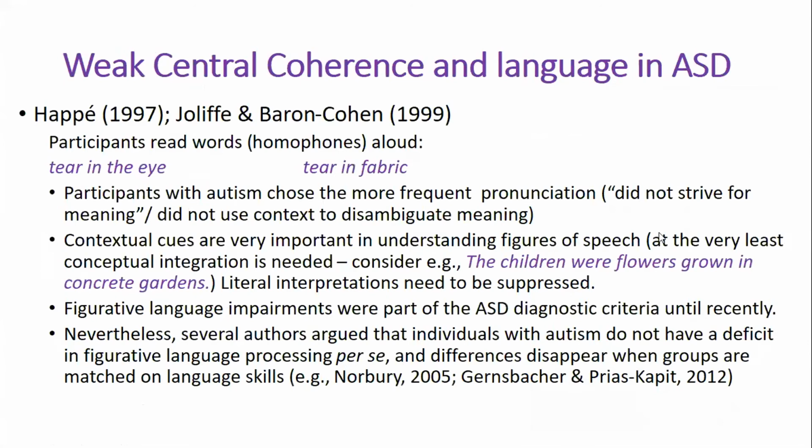And so, how does the weak central coherence account relate to language in autism? So again, I present the results of some classic studies which were conducted in the 1990s. So one example is participants had to read homophones, so words which have different pronunciations. So for example, a tear in the eye and a tear in a fabric.